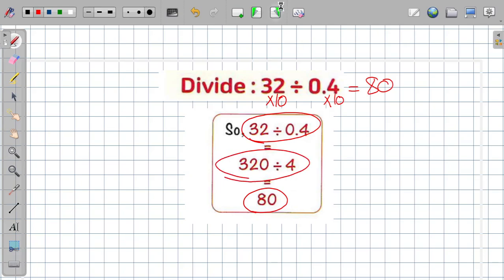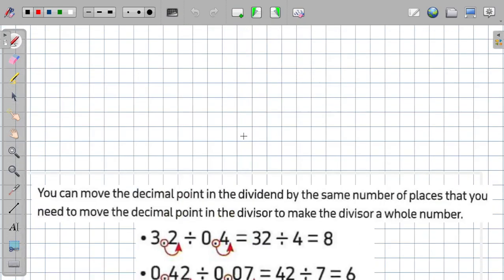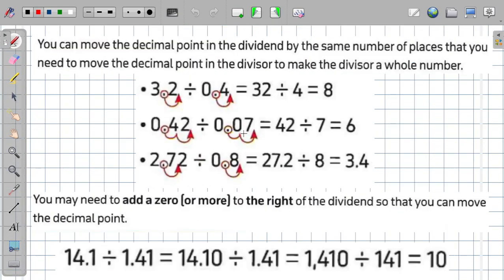Okay, so if I have the decimal point in the two numbers, we can multiply the two decimal numbers by the same number, maybe 10, maybe 100, maybe 1000, to make the divisor a whole number. So we can make this step by moving the decimal point, just the decimal point.